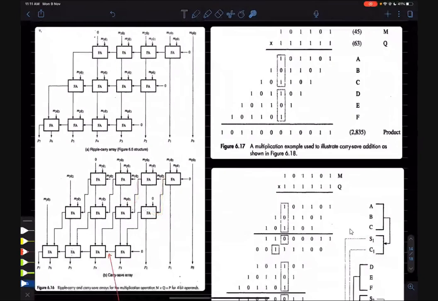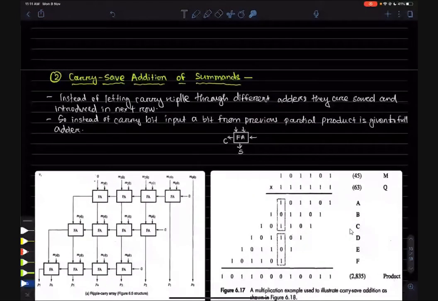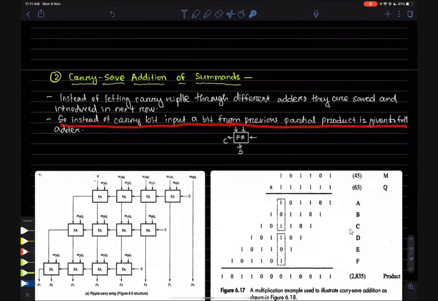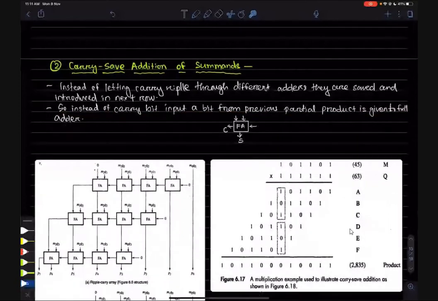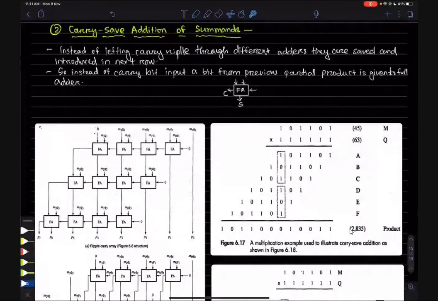So what is the benefit of this? Instead of a carry bit input, a bit from the previous partial product is given to the full adder. That means there is no carry bit input here, whereas previously there was a carry bit input from the previous full adder.